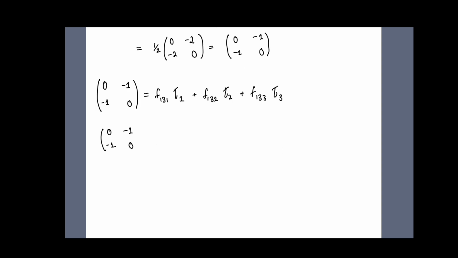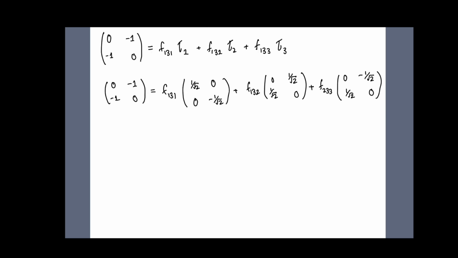Filling out tau 1, tau 2, tau 3, we get f131 times the bracket (1 over root 2, 0, 0, minus 1 over root 2) plus f132 times the bracket (0, 1 over root 2, 1 over root 2, 0) plus f233 times (0, minus 1 over root 2, 1 over root 2, 0).